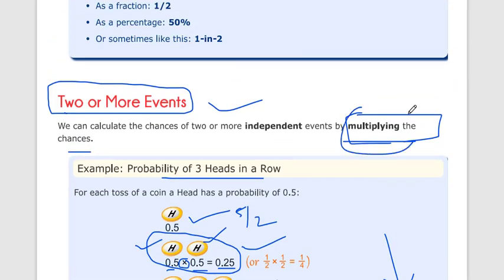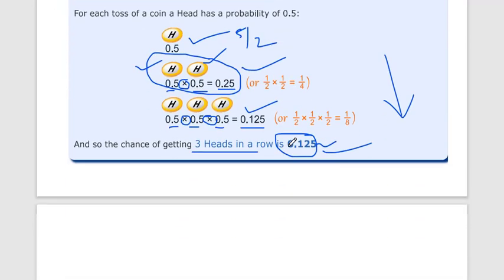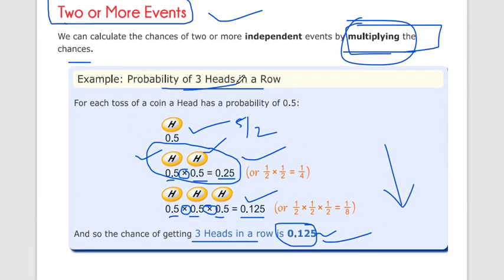For independent events, you find the probability by multiplying the chances. Now the probability of 3 heads in a row: for 1 head it's 0.5; for 2 heads in a row you multiply 0.5 by 0.5, so it's 0.25; for 3 heads in a row, 0.5 times 0.5 times 0.5, so it's 0.125.